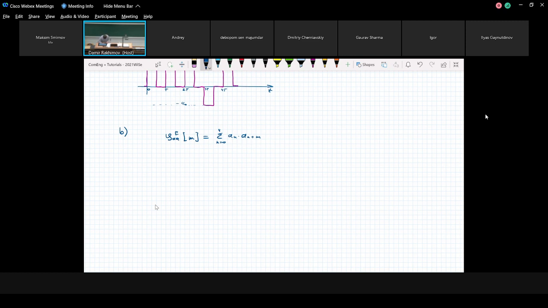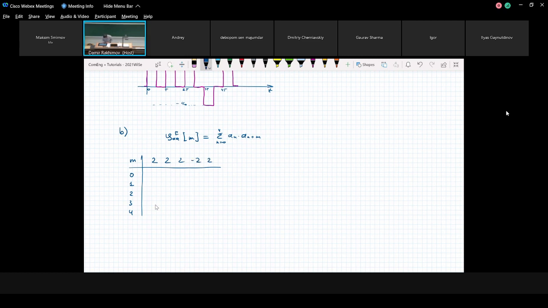I'm going to plot a table of possible shifts of our sequence. We have these possible delays in terms of indices: 0 delay, delay of 1 index, 2 indices, 3. And I think it's enough. Then we have our original sequence, 2, minus 2, 2.